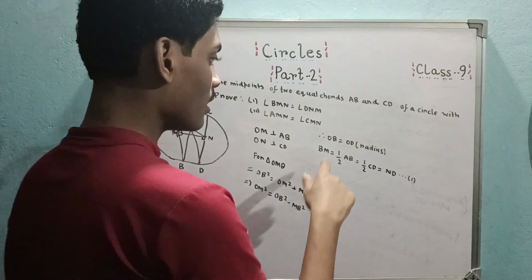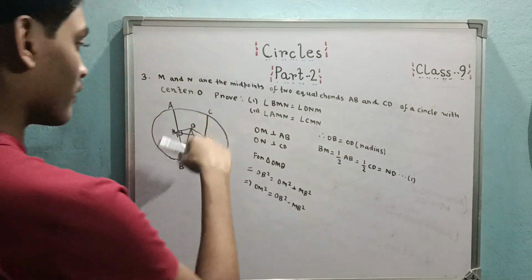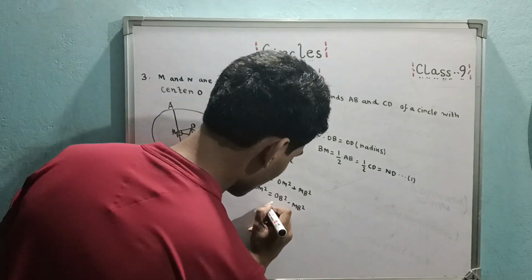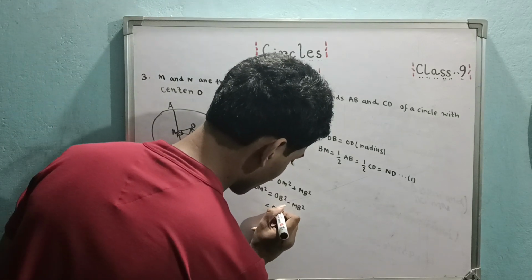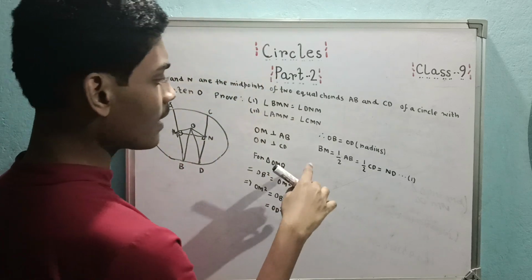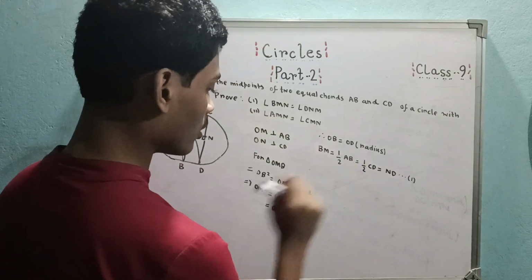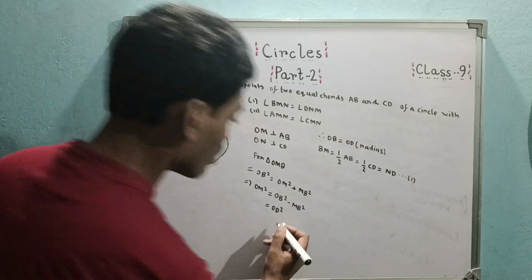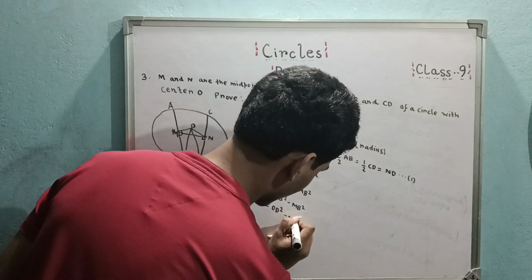And so we learned that OB is equal to OD because they are the radius of the same circle. So OB square can also be written as OD square. And we just saw that BM or MB is equal to ND. So MB square can also be written as ND square.